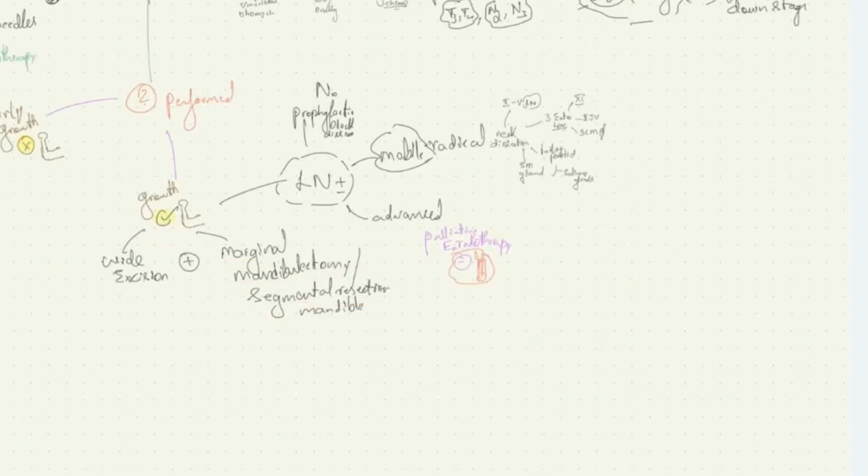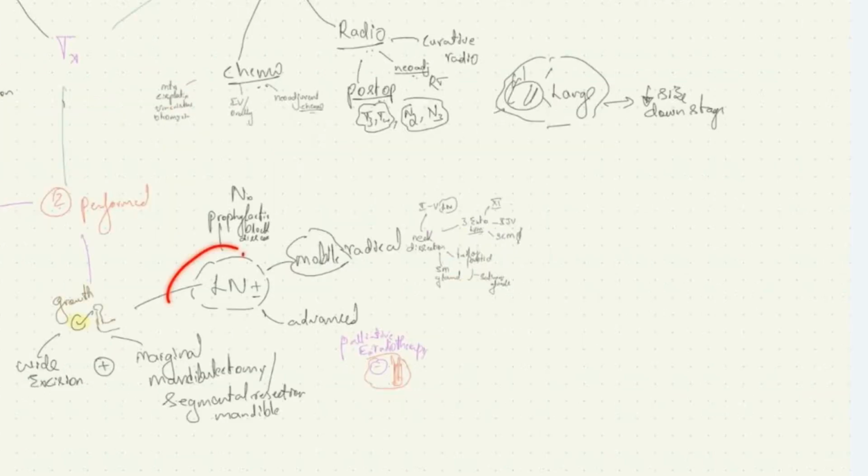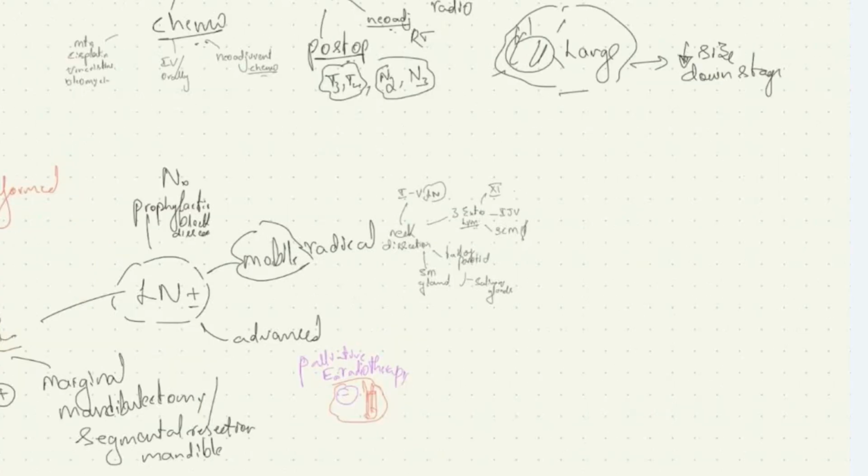If there is lymph node involvement, we classify into advanced disease and the lymph nodes which are mobile and not so advanced. In the mobile lymph nodes, we can perform radical neck dissection. What is radical neck dissection?